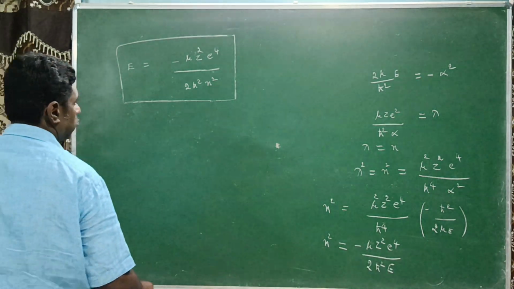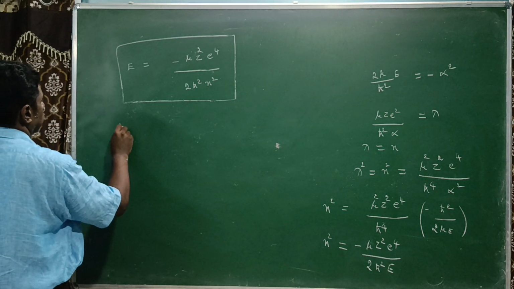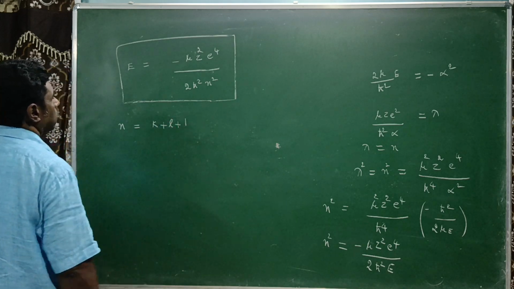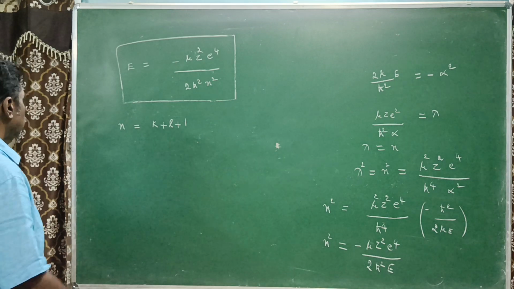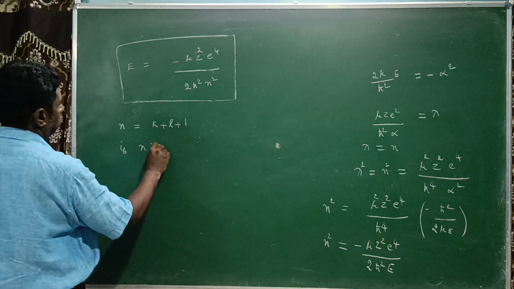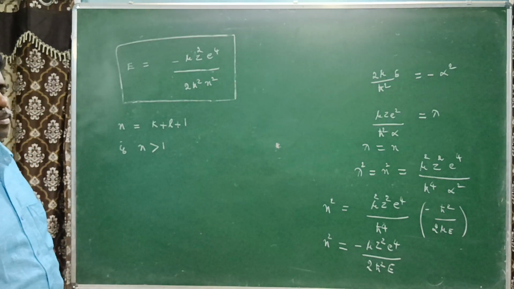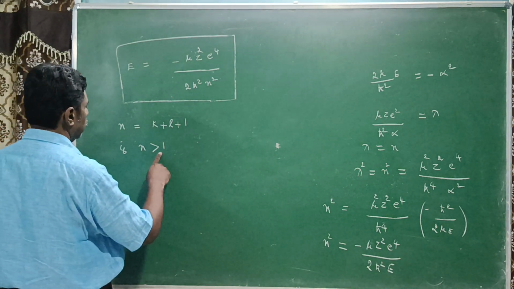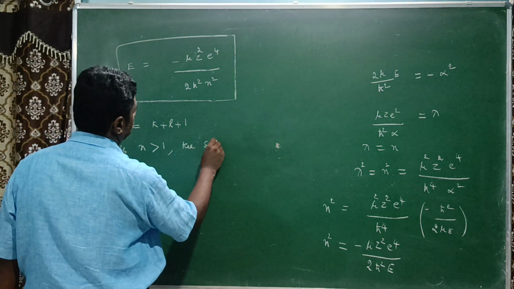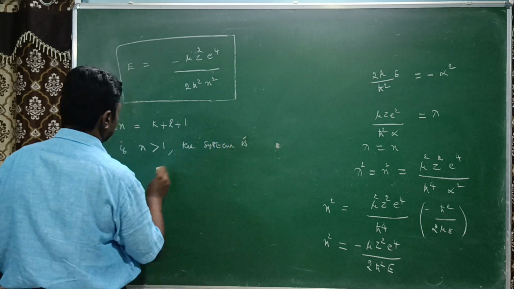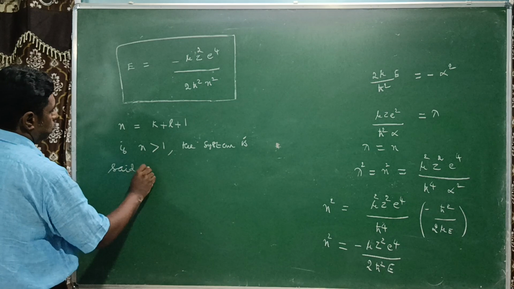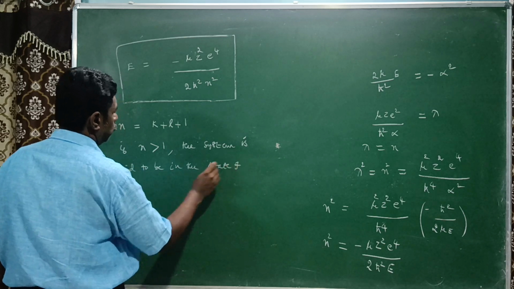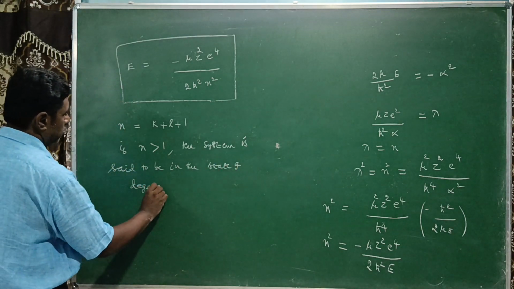Now if you consider the equation n equal to k plus L plus 1, if n is greater than 1, the system is said to be in the state of degeneracy.